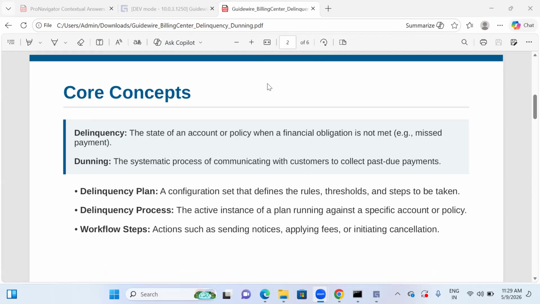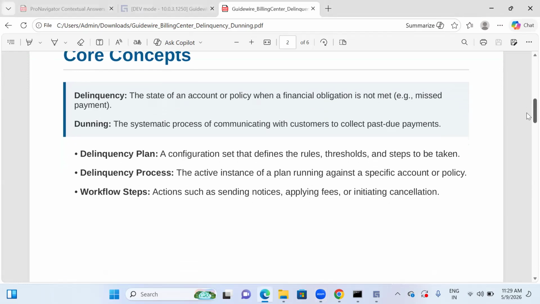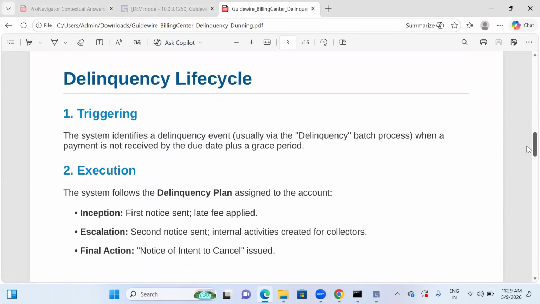Along with that, there are workflow steps involved, so what are the actions that we must take? For example, sending a notice to the customer stating that they are about to renew the policy, or applying fees, or initiating cancellations, etc. Everything is involved in it. So these are the major points whenever we try to understand the delinquency part.